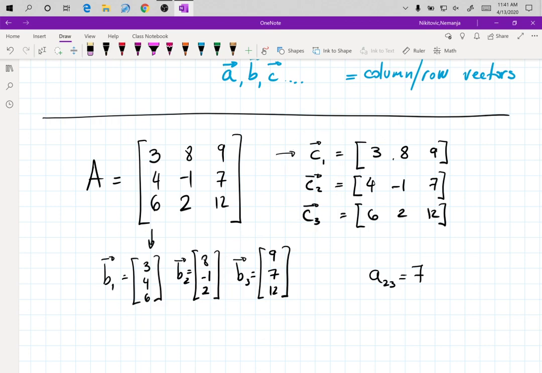And then random elements here. I did not list all of them. I just took these two, A23 and A32. They denote the elements. Cool.